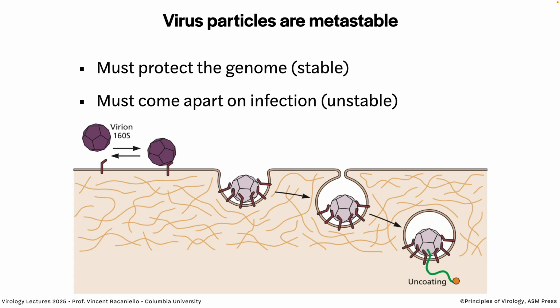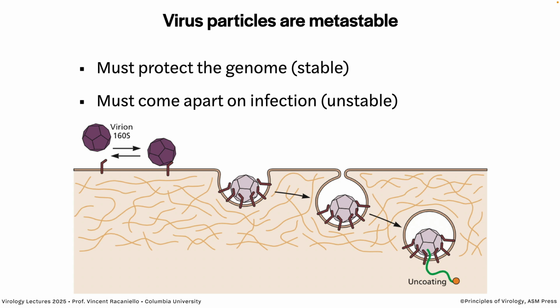So they have a function of protecting the genome. Right? So virus particles floating around in the environment, the shell protects the genome, so that's stable. But when they get into the cell, they have to come apart to release the genome, right? They can't be stable forever. So that's why they're metastable. Very simple, 2 states, very stable and unstable.